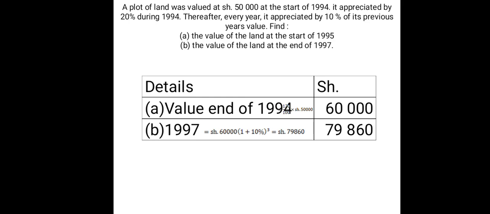So we have 60,000 into 1 plus 10% raised to the power of 3, and we get the amount to be 79,860 shillings.